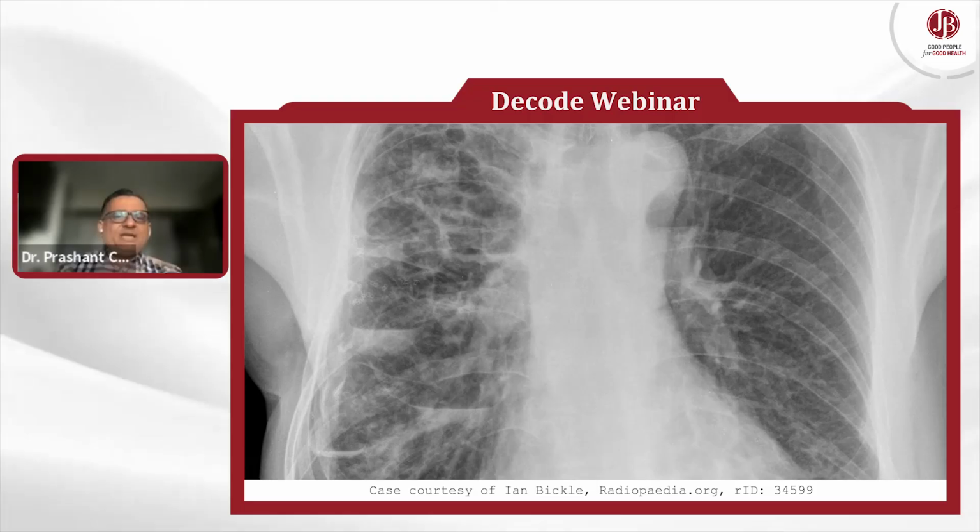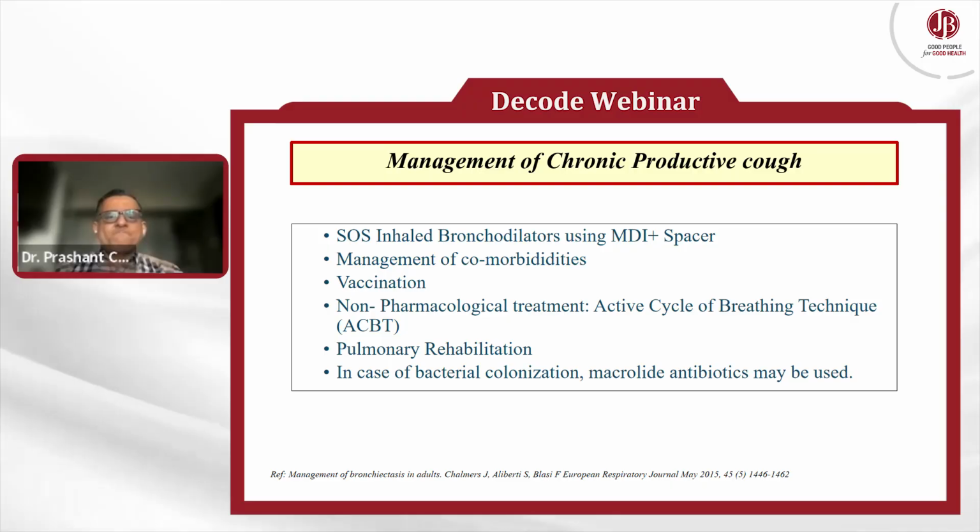And can you see an air fluid level here? So these are the bronchiectatic areas which are filled with phlegm, and these need to be treated with postural drainage. So only antibiotic treatment is not the solution here. You have to do postural drainage here, drain the fluid, make the individual cough out all the phlegm, have a culture report, and treat it with appropriate antibiotic.